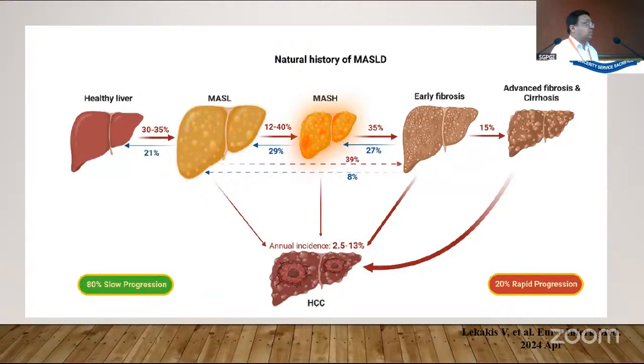That means inflammation, metabolic syndrome associated steatohepatitis. Out of which 35% of patients develop early fibrosis and 15% develop advanced fibrosis and cirrhosis. Annually, about 2 to 30% of cases develop hepatocellular carcinoma. 20% of patients are rapid progressors and about 80% are slow progressors.